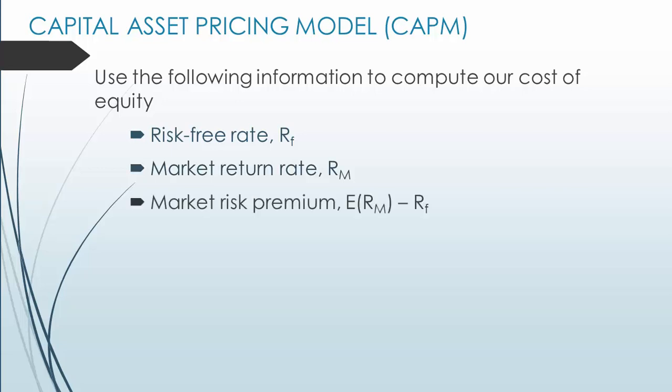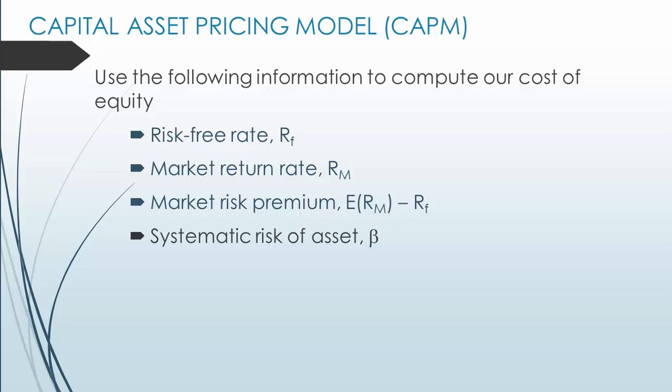Now, the part that the market gives you as a return, less that risk-free rate, that's what's called the market premium. So if the market was giving you 18% and your risk-free rate was 7%, then that difference, the 11, would be the market risk premium, just as an example.